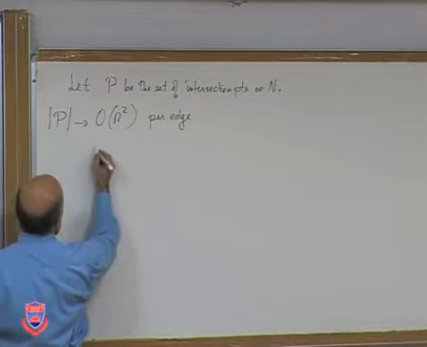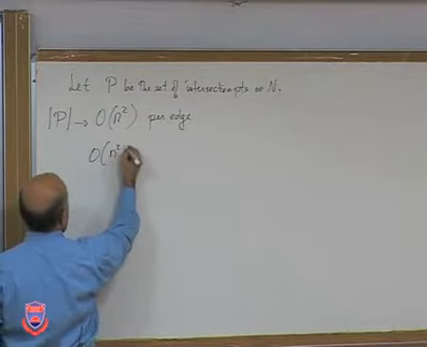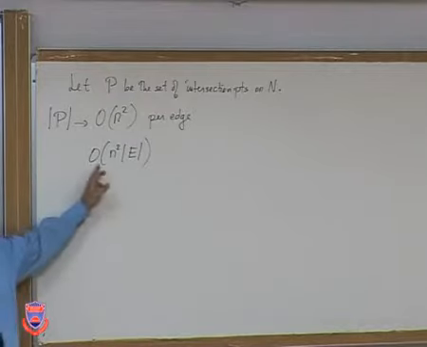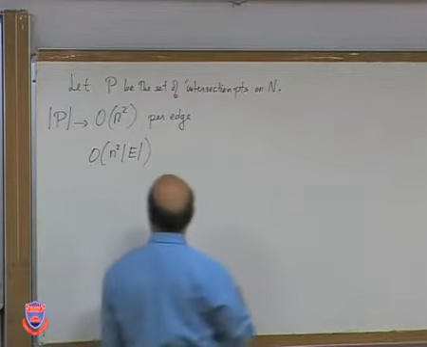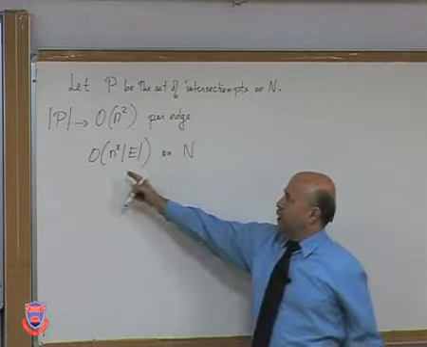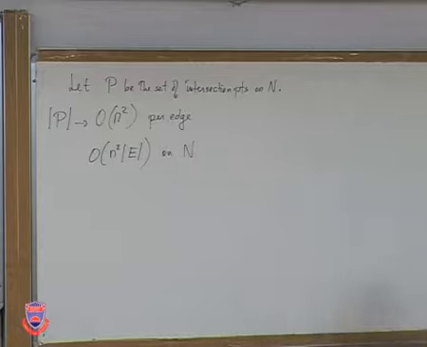And on the entire network, of course, you have n squared times however many edges you have, the number of edges inside your edge set. So the cardinality of P at the worst is bounded above by a polynomial function of the problem data, n squared times the number of edges in the network.